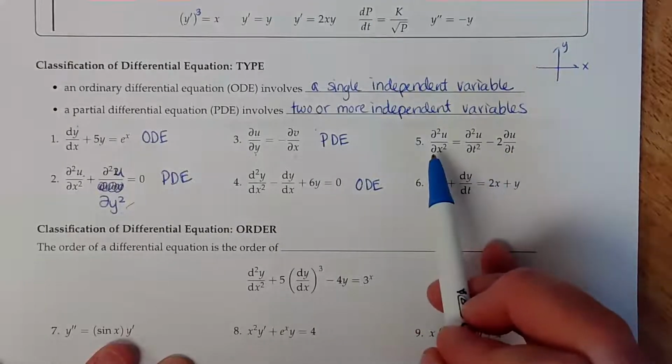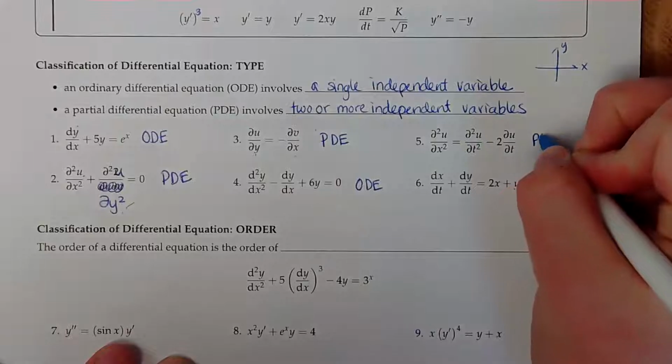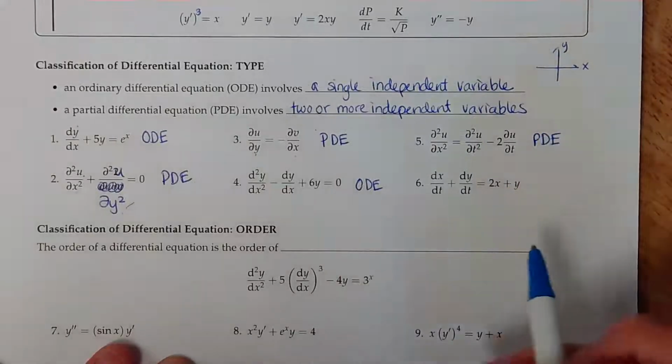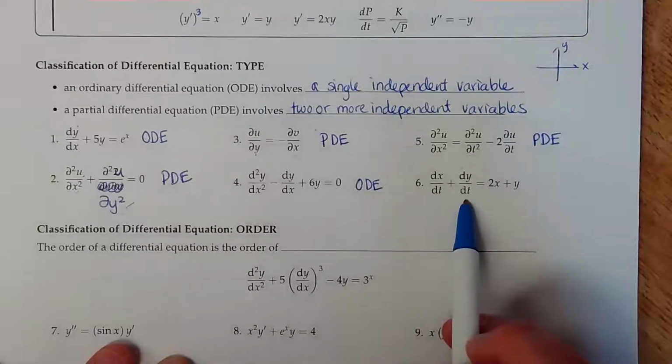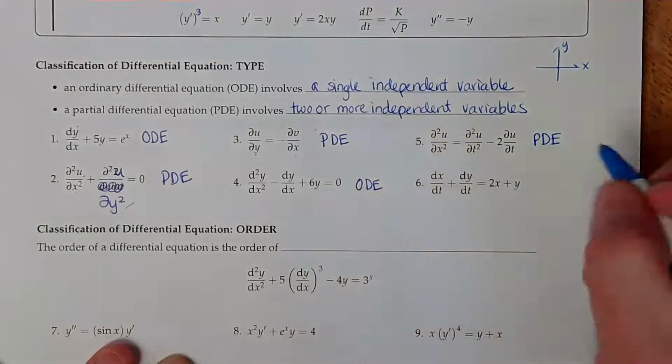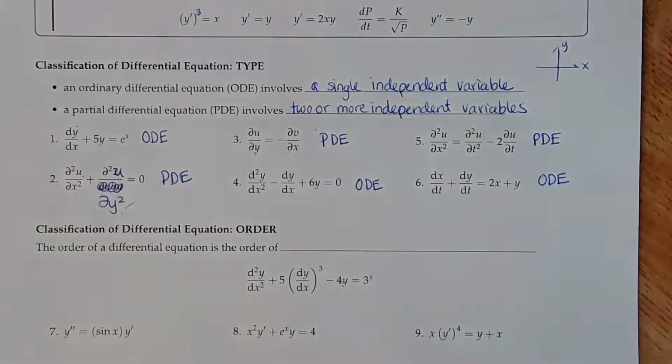So I have two different independent variables here, an x and a t. So this is a PDE. And on this one, I have an independent variable of t for all my derivatives. So this is an ODE. So that's one way we classify our differential equations, by type, ODE or PDE.